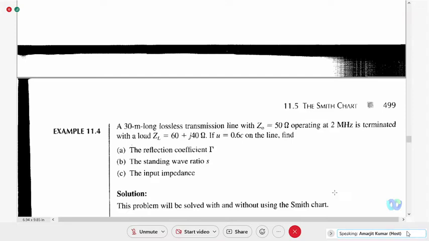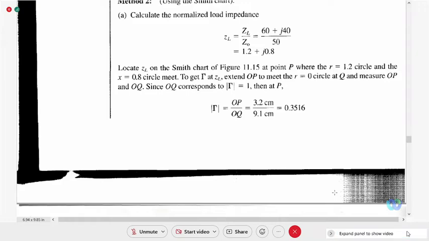Locate the load. Where is the load on the Smith chart? Locate the load point, the intersection of the two circles: resistance circle 1.2 and reactance circle 0.8. Locate it on the Smith chart.